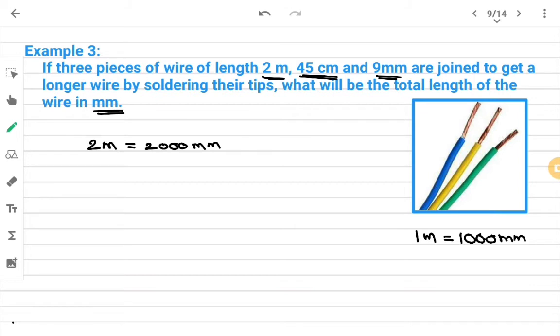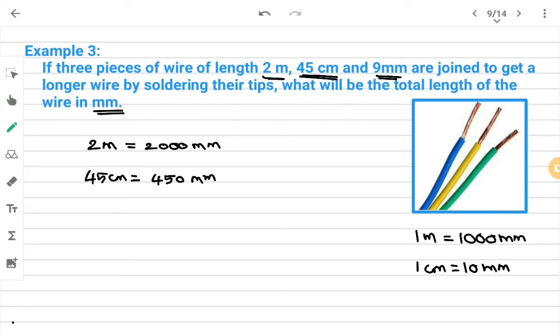Okay, and next one is 45 centimeter. So we know that 1 centimeter is equal to how many millimeter? 1 centimeter is equal to 10 millimeter, right? Therefore 45 centimeter is equal to 450 millimeter, and the third one is in millimeter only.